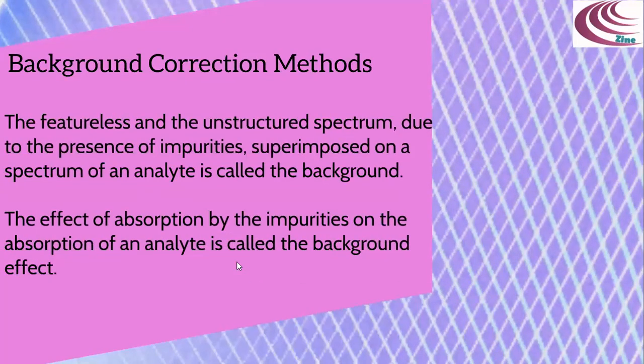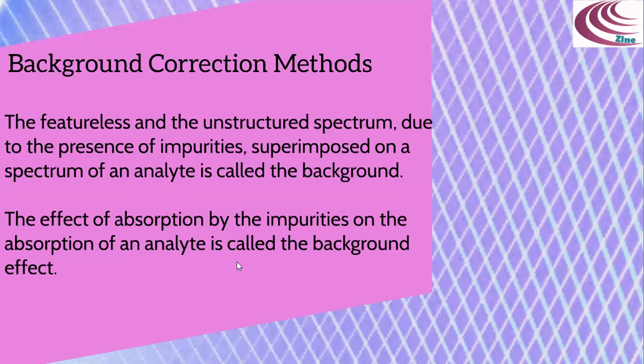Now we will try to understand background correction methods. In the spectrometric analysis of drugs, often there is an interference encountered due to absorption from other sources. This may be due to the presence of one or more substances which can produce spectra almost overlapping with the spectrum of an analyte.